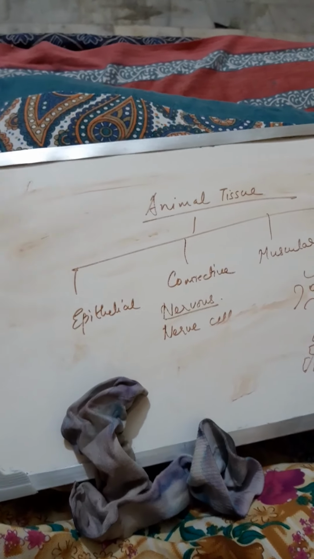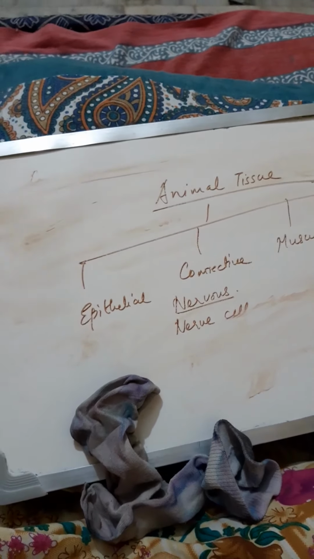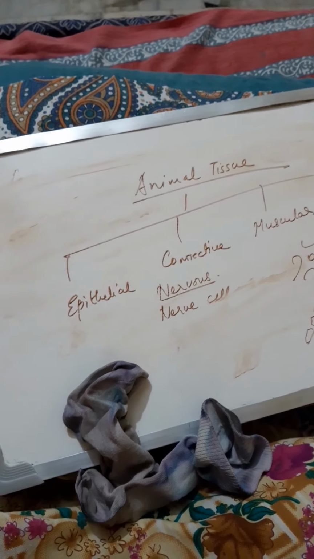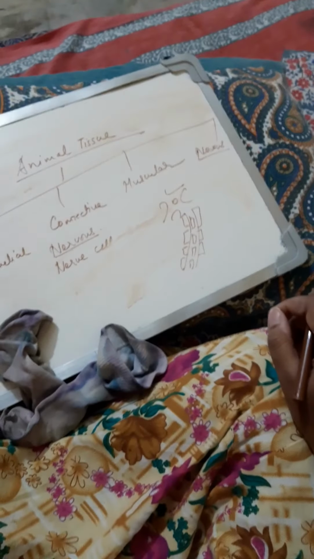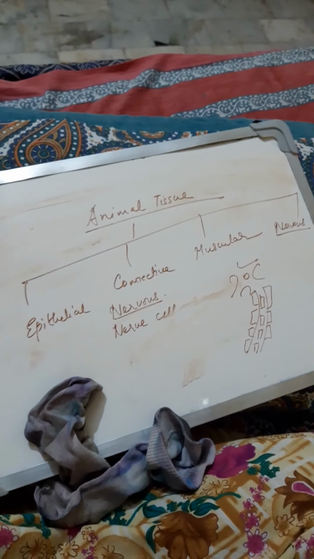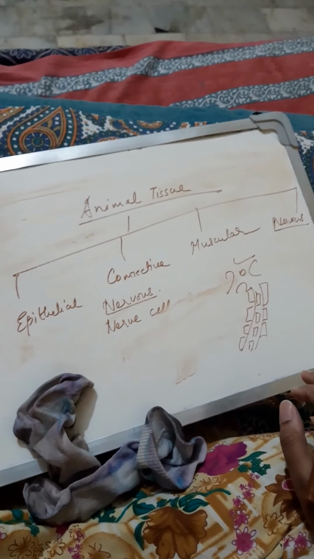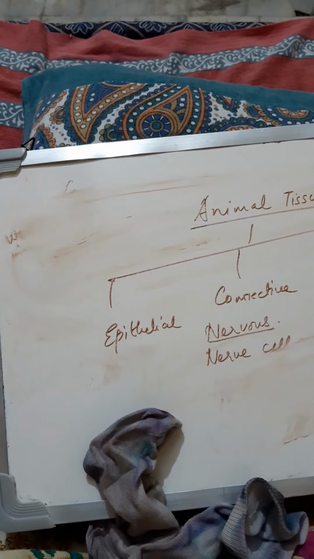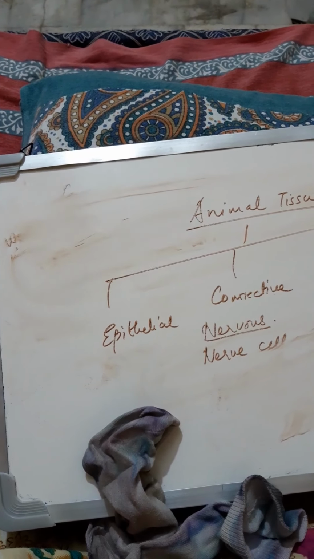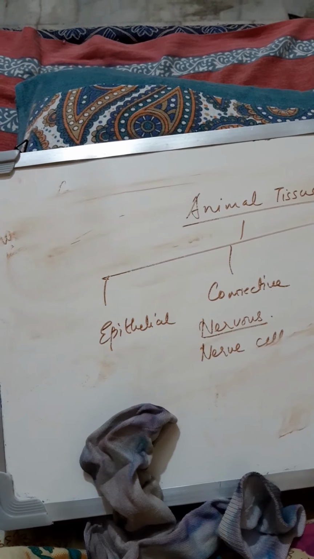We have studied different kinds of neuron, haven't we? We have studied afferent and efferent neurons, or sensory neuron, motor neuron, and mixed neuron. The primary function of all neurons is to carry nerve impulses from the brain and spinal cord to all parts of the body, and from all parts of the body to the brain and spinal cord. Wherever the dendrons meet the axon of another nerve cell, it is called a synapse.